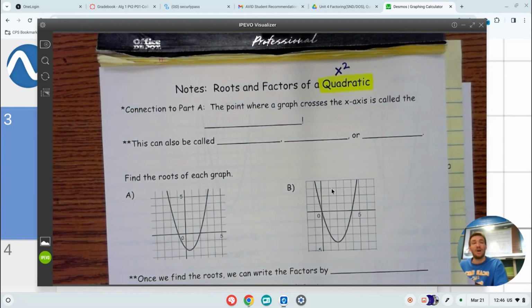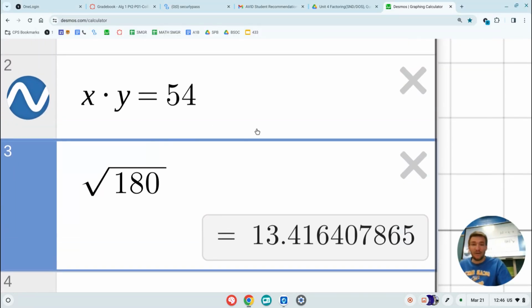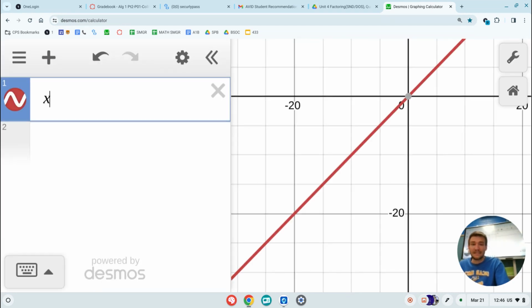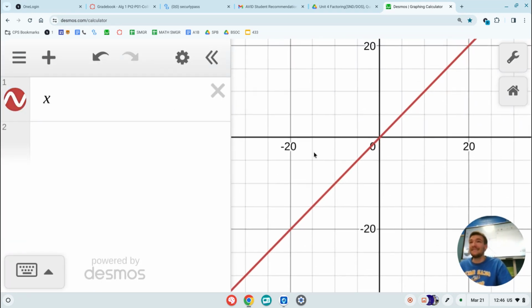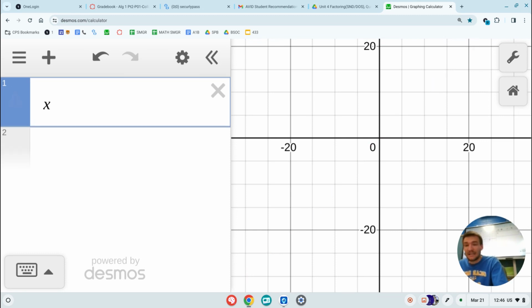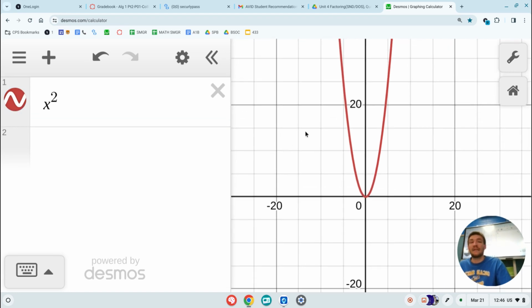Okay, so I'll give you an example. If I go to Desmos and I make a normal x, that's just a line, that's not a quadratic. But when I make it x squared, now it's a quadratic.